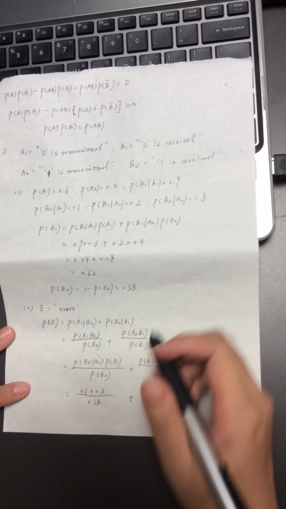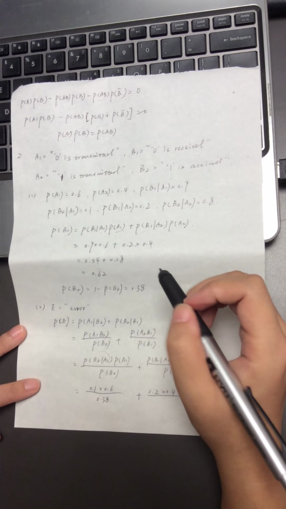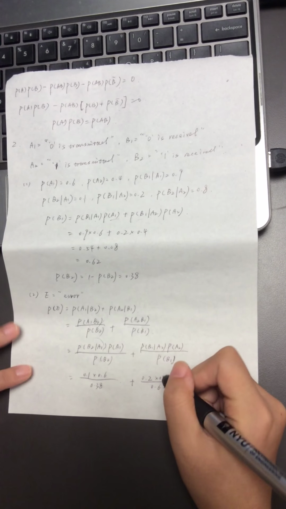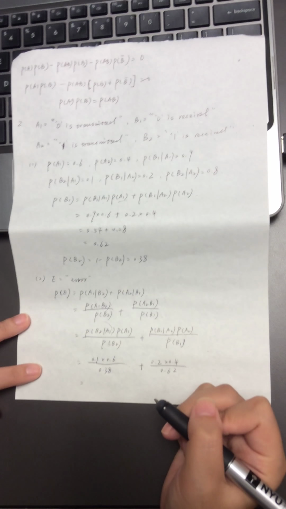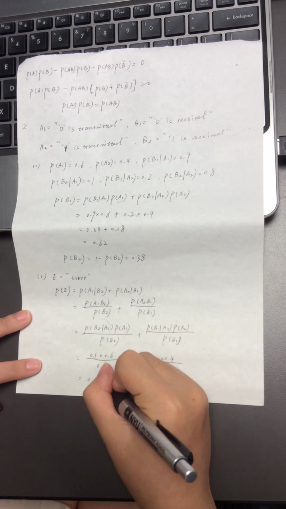Oh, A2 is here. B1 is what we get from the first question. And from calculation, we can get the final value is 0.287.